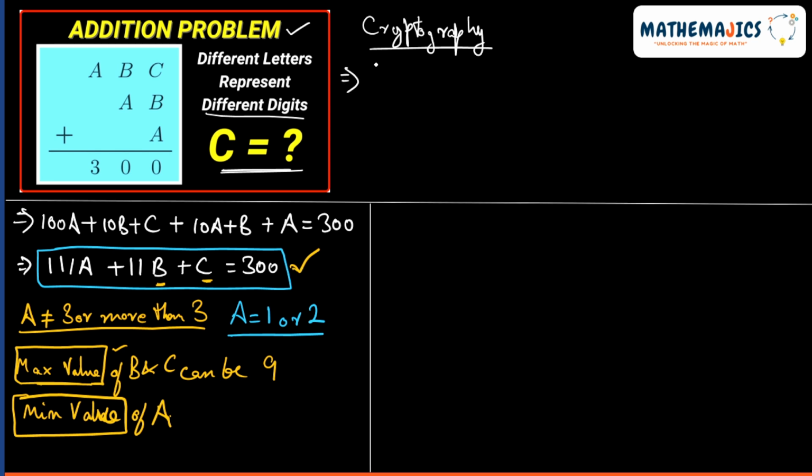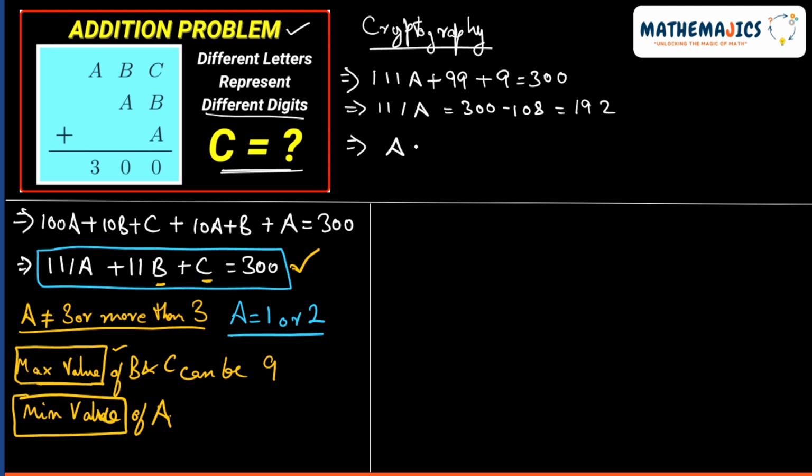Substituting the value of B and C as 9 in this equation, I will get 111A plus 99 plus 9 is equal to 300. Solving this further, we will get 111A equals 300 minus 108, which is 192. So A is 192 upon 111, which is 1.8 or nearly 1.9.